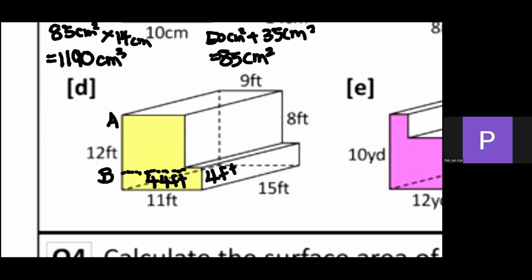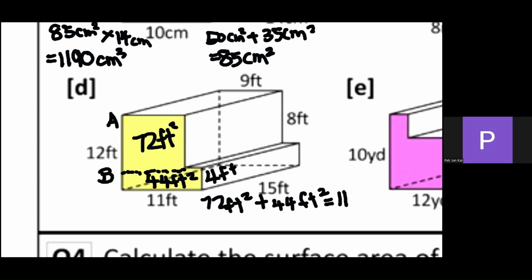So next, part A, we can take 8 feet and multiply it by 9 feet to get 72 feet. So 72 feet square plus 44 feet square, we would get 116 feet square.